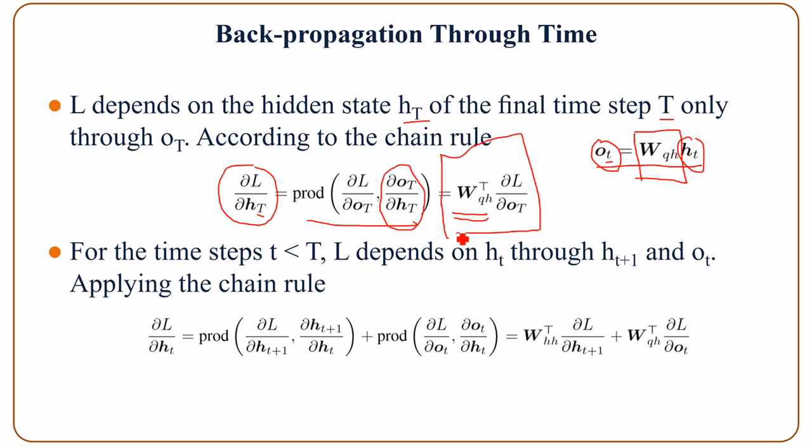For other time steps t before the final time step, the loss function depends on the hidden state h_t through h_(t+1) and o_t. So to calculate the derivative of the loss with respect to the hidden state at time t, we apply the chain rule.